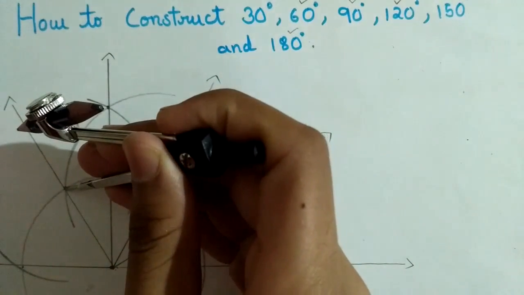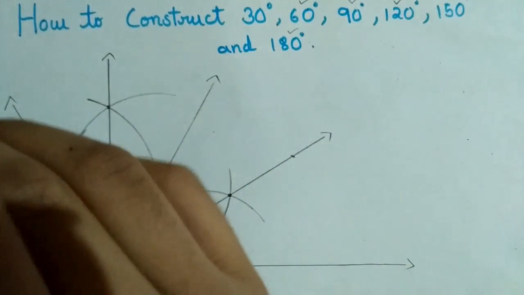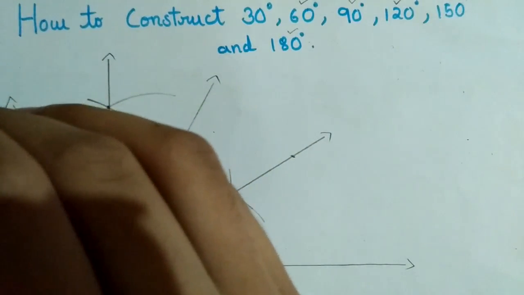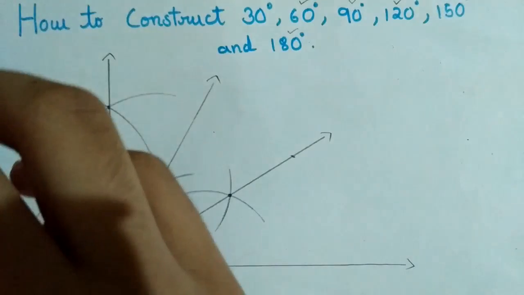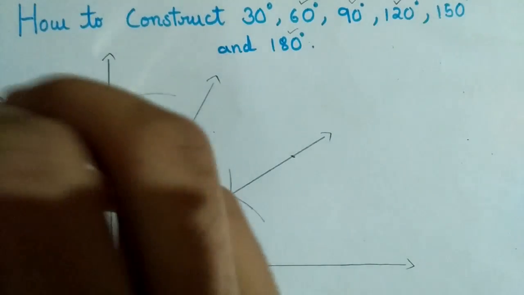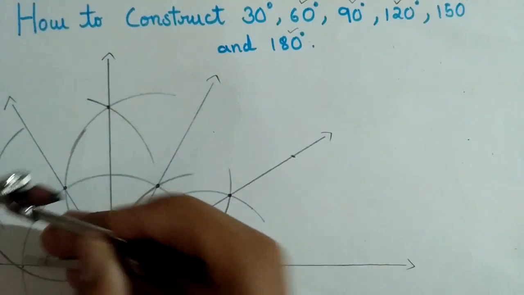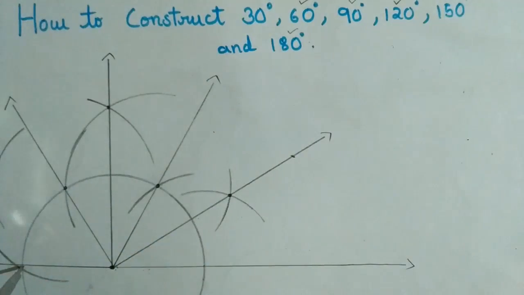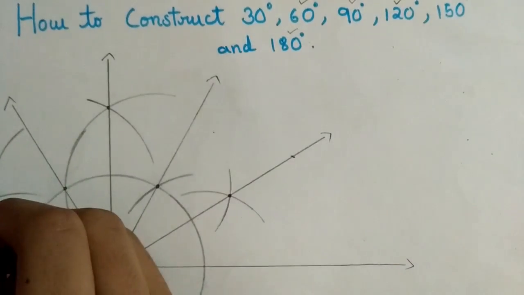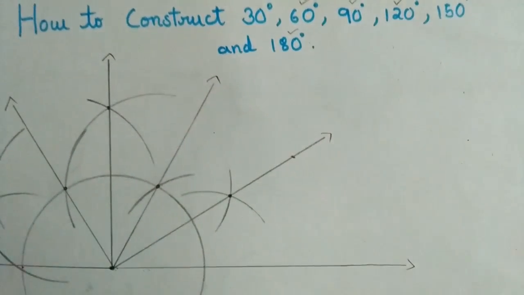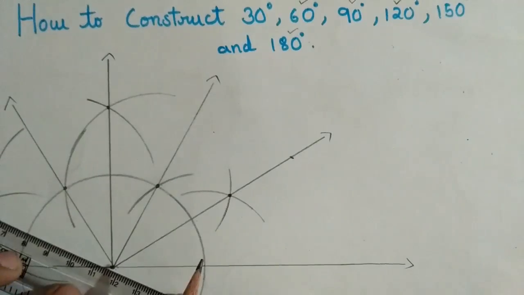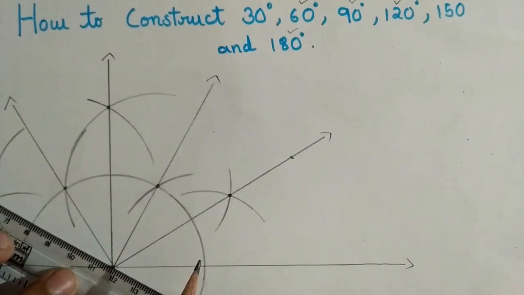So now from here, keep the point, and by taking more than half, bisect this angle. Here the point has not come perfectly, so you can take here, and this point you got is the 150 line. So the angle we get now is the 150 degree.